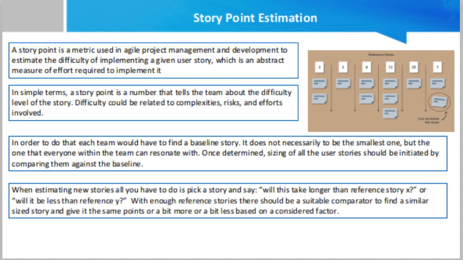When estimating new stories, all you have to do is pick a story and say, will this take longer than reference story X, or will it be less than reference Y? With enough reference stories, there should be a suitable comparison to find a similar sized story and give it the same points, or a bit more or a bit less based on a considered factor.